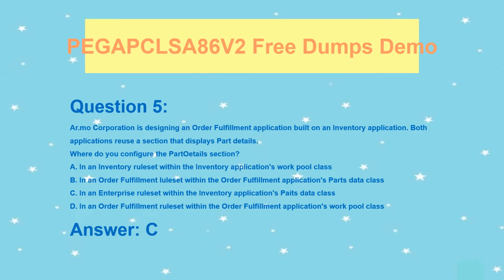B. In an order fulfillment rule set within the Order Fulfillment Applications Parts Data class. C. In an enterprise rule set within the Inventory Applications Parts Data class. D. In an order fulfillment rule set within the Order Fulfillment Applications Work Pool class. Answer: C.